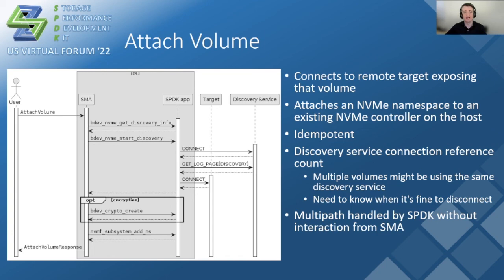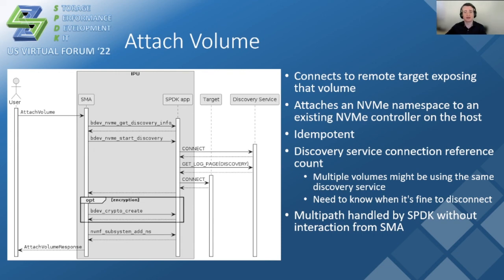After that, SMA will verify that the volume requested by the user has actually been connected and is available as an NVMe BDEV. Then, if the user requested encryption to be enabled in the attached volume parameters, SMA will create a crypto BDEV on top of that NVMe BDEV.